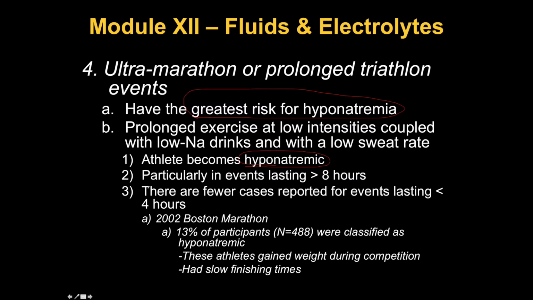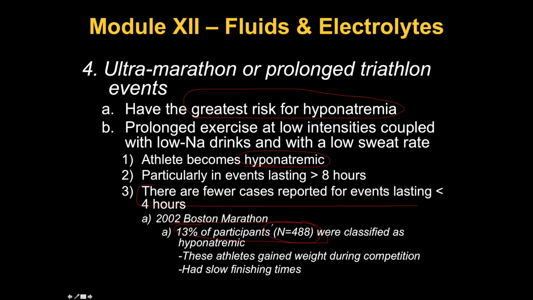Every year at the Boston Marathon, this seems to be a bit of a problem. In 2002, some researchers took a look at this problem, and they found that 13% of the participants, out of 488 people, were found to be hyponatremic. Again, the problem is that these folks have lost a large amount of electrolyte in sweat.